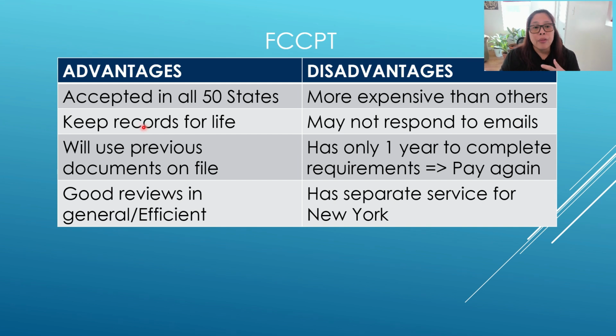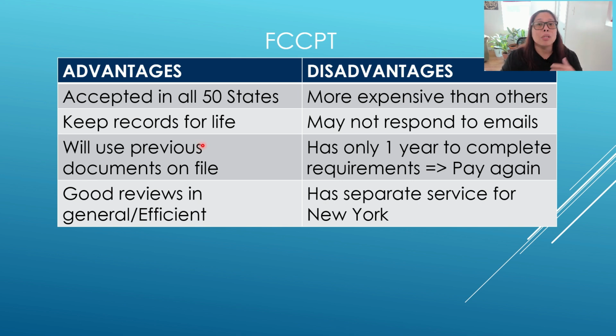Whatever documents you submitted previously, even years ago, can be used again when you apply. Either you want to pursue your application to the US again, or you are already in the US and you're going to transition to another state. If that state requires an educational credential review, you can use the previous documents that you submitted to FCCPT. It does not expire.